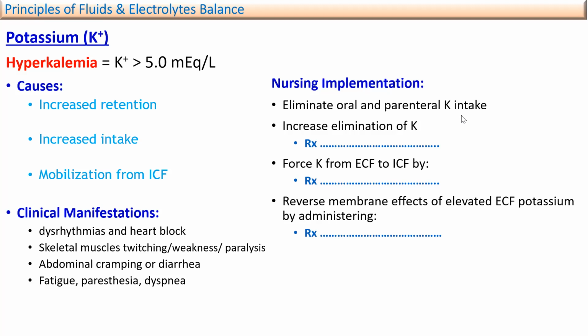It comes in a liquid form, bottles of 15 grams, and other forms of the drug as well, other than the PO. But that's the most common one in the emergency department. Patients will receive one or two of these 15-gram bottles of brownish liquid, taken orally, and that will decrease the potassium level in the blood, because it's a resin and it binds to the potassium in the GI tract, and the potassium is released with the bowel movement.